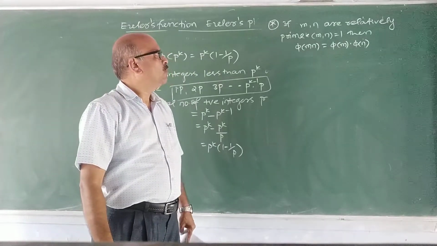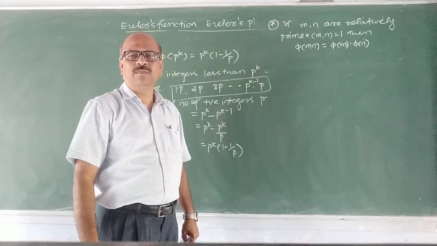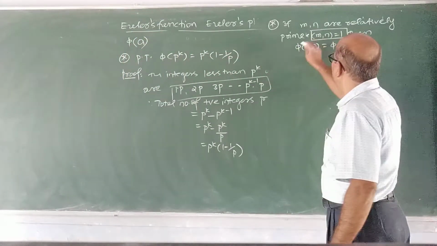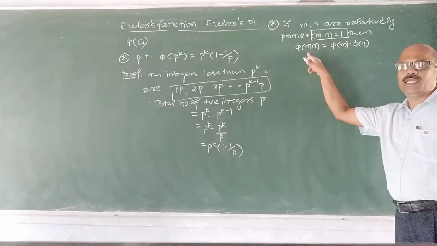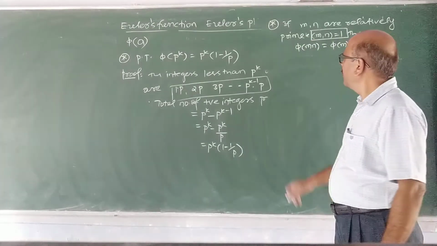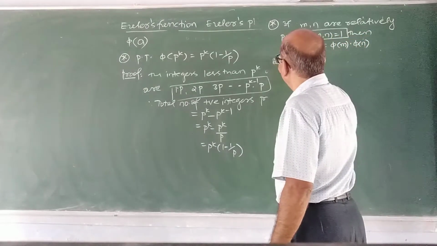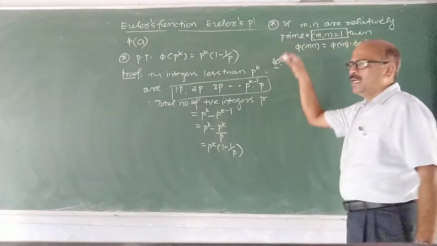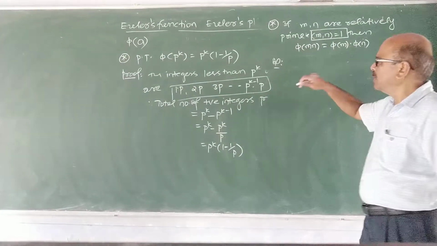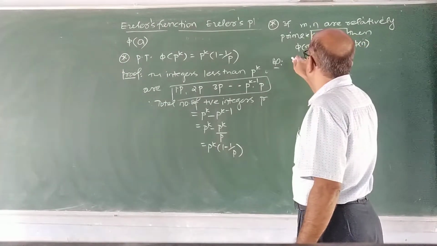Euler's function is multiplicative. The important condition is, if m and n are relatively prime, then only phi of mn becomes phi of m into phi of n. Example, I explain the proof. Before that, I explain what is the meaning of this by taking an example.